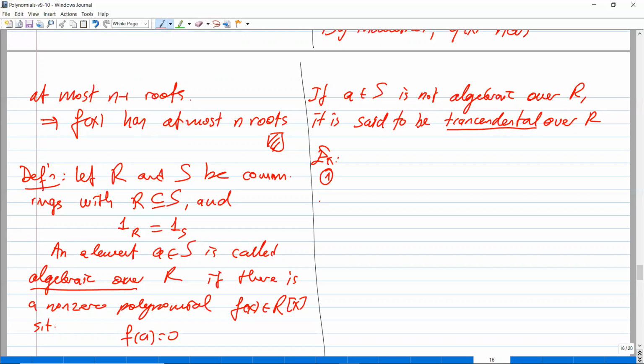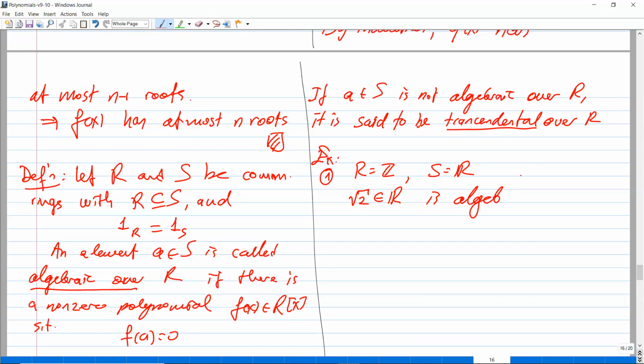So the first example is, let's take R to be Z, S to be the real numbers, and the square root of 2 is an element of the real numbers. This is algebraic.